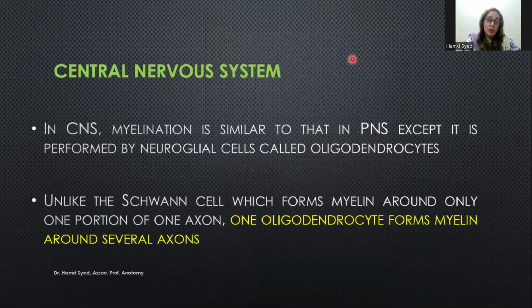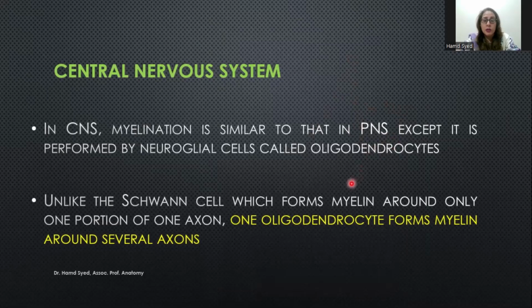So now let's come to the central nervous system. We have discussed the peripheral nerves. Now we're going to talk about the central nervous system. Over here, myelination is similar to that in the peripheral nervous system, but this function is performed not by Schwann cells, but by another cell population, the oligodendrocytes.